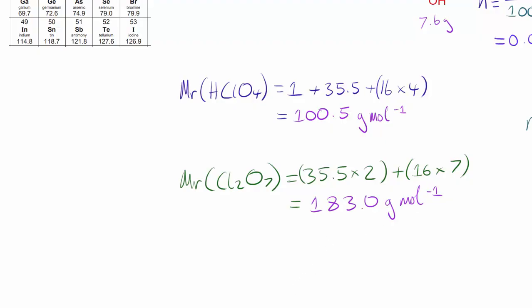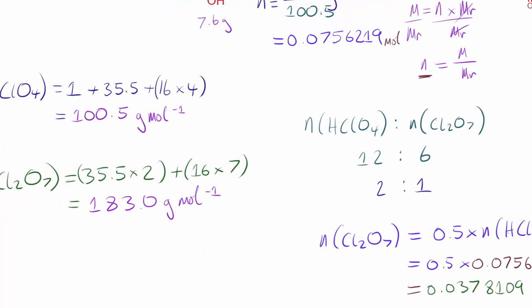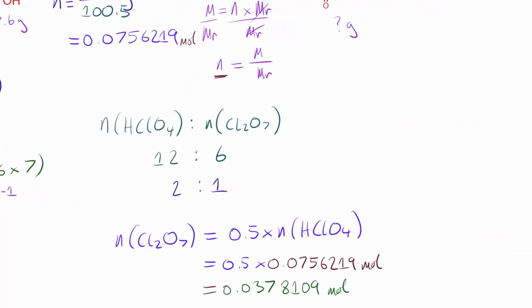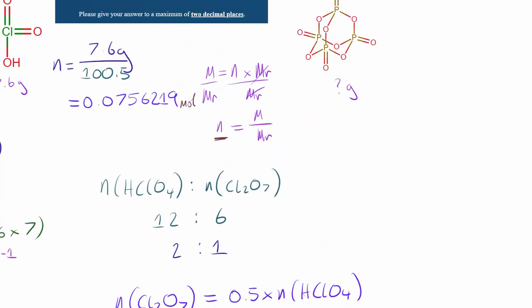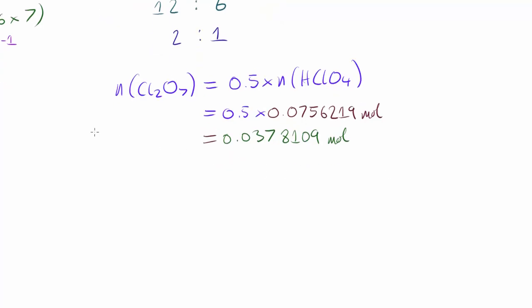Now, I'm going to use that number in our calculations to work out the actual mass. The equation I'm using is that the mass is equal to the number of moles multiplied by the molar mass, right? So we've already established that the molar mass of Cl₂O₇ is equal to 183, right?